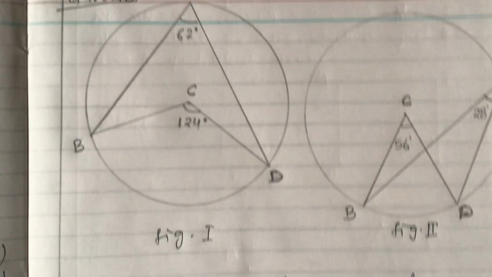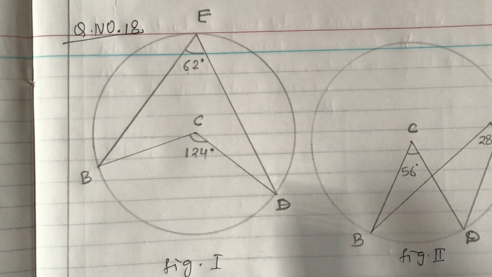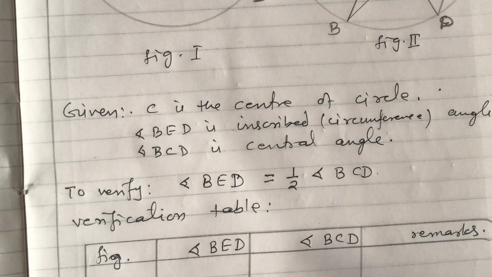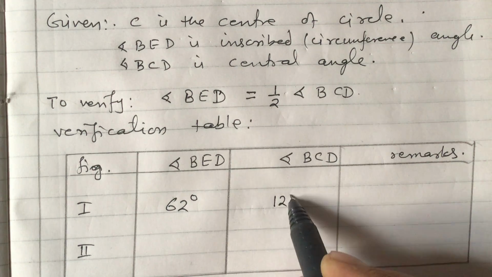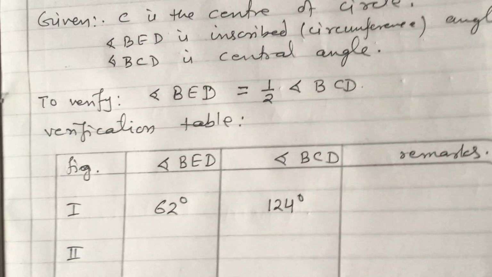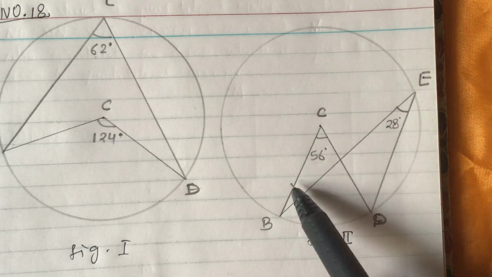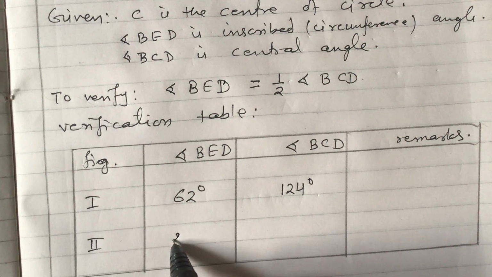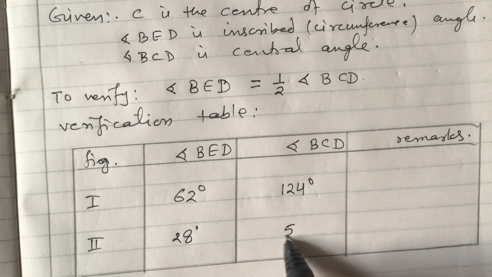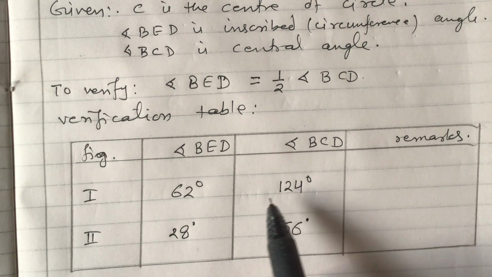From figure number 1, angle BED is 62, BCD is 124. Let us write down. This is 62 degree and this is 124 degree. Similarly, in figure number 2, angle BED is 28, BCD is 56. We have got here 28 and this is 56. So in remarks, what we have got?